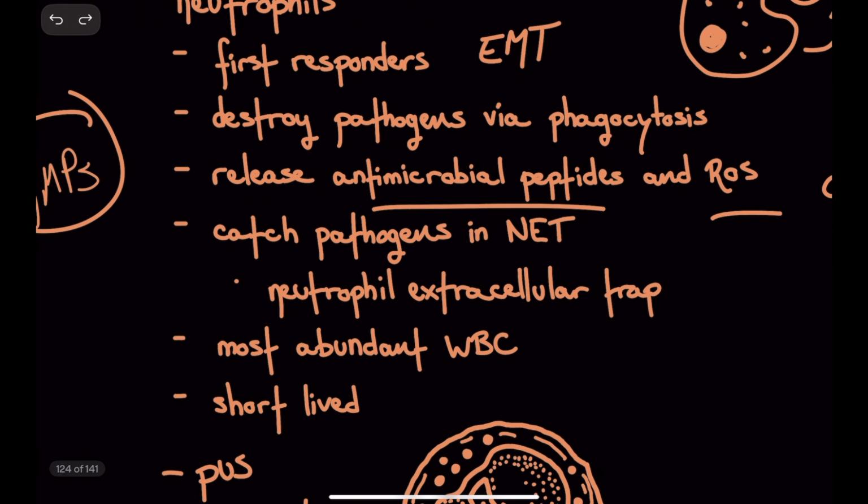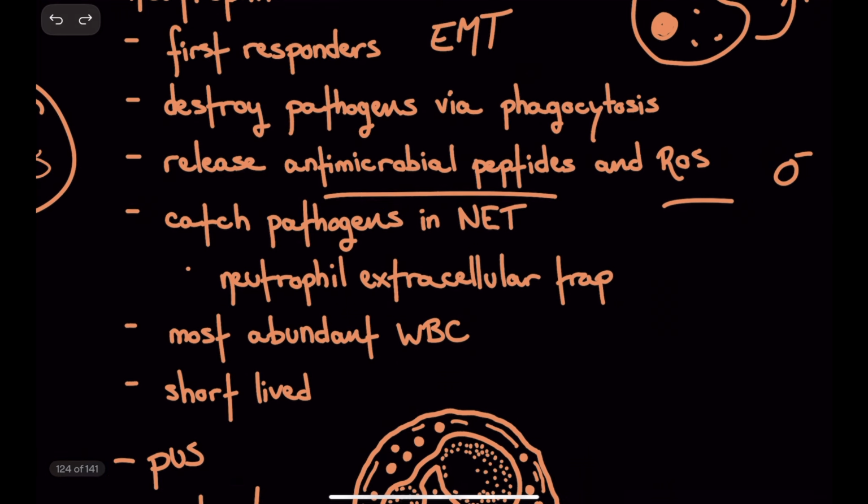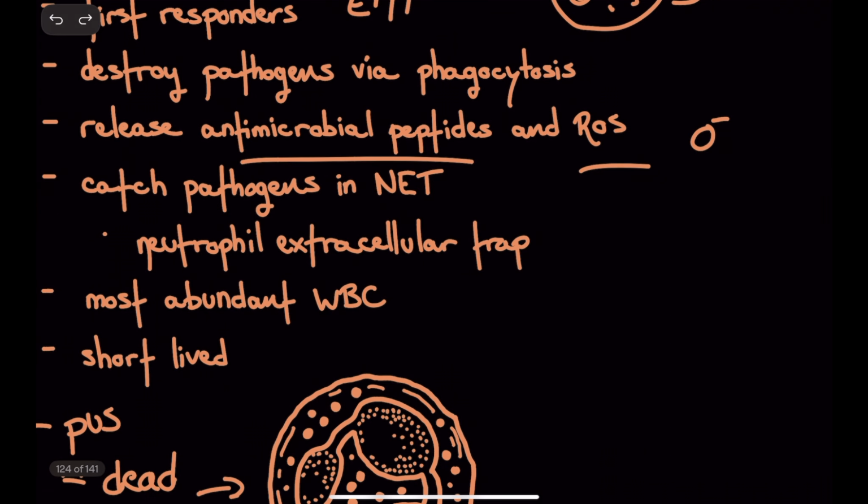Neutrophils also have a cool special ability. They can catch pathogens in a net, a neutrophil extracellular trap. Now, this special ability is sacrificial in nature. It leads to apoptosis.